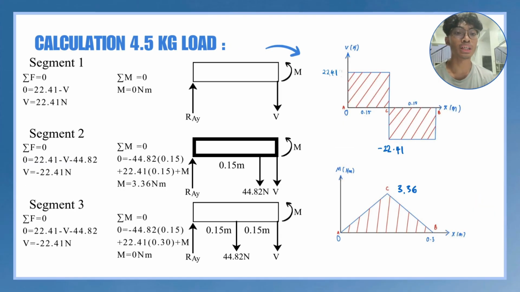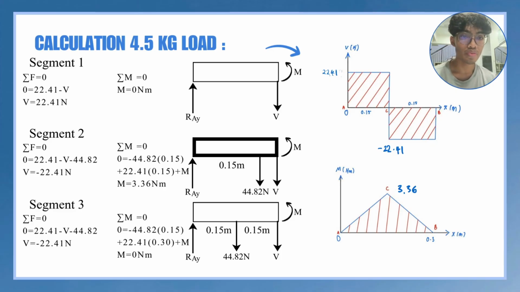So for the shear force diagram and bending moment diagram, we will have to cut it into three parts, segment 1, segment 2, and segment 3, and we will use the summation F equal to 0 and summation M equal to 0. So for segment 1, we get V equal to 22.41 Newton, and M equal to 0 Newton meter. And at segment 2, we get V equal to negative 22.41 Newton, and for the summation M, we get the max bending moment, which is 3.36 Newton meter.